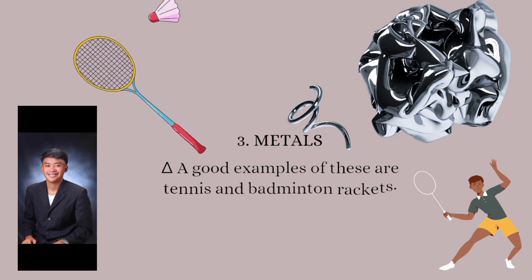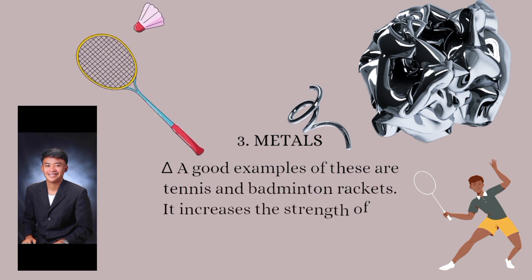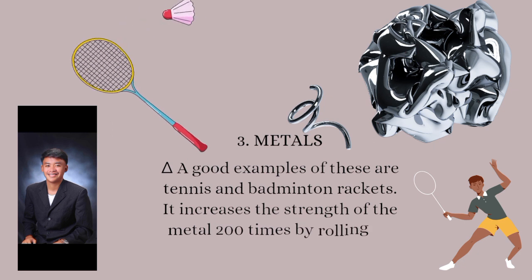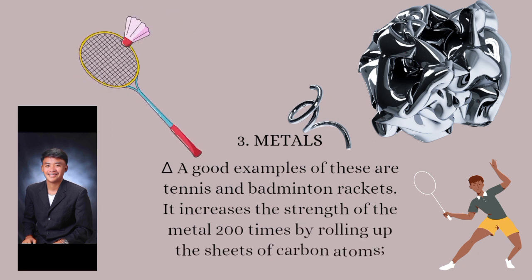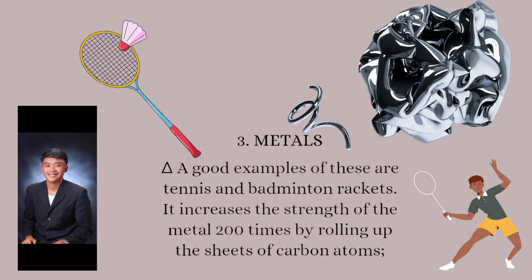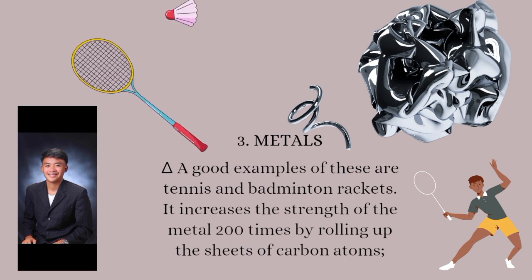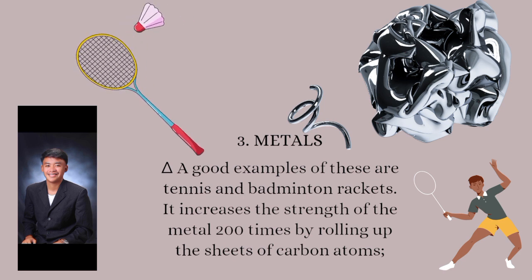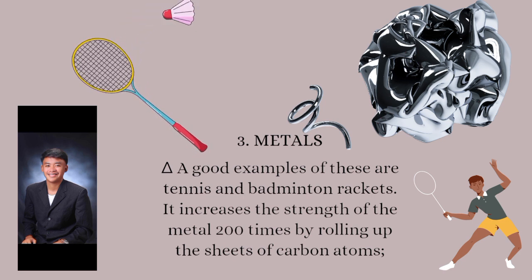Good examples of this are tennis and badminton rackets. It increases the strength of the metal 200 times by rolling up sheets of carbon atoms. Scientists have been working on other super strong versions of carbon atoms called carbon nanotubes, which consist of sheets of carbon atoms rolled into tiny cylinders.